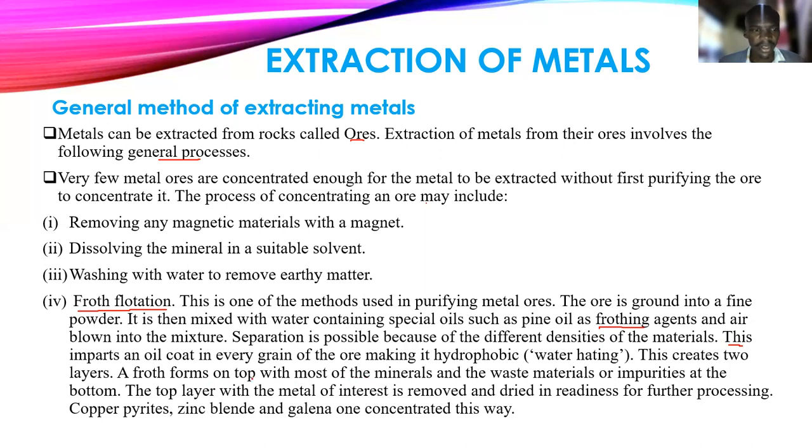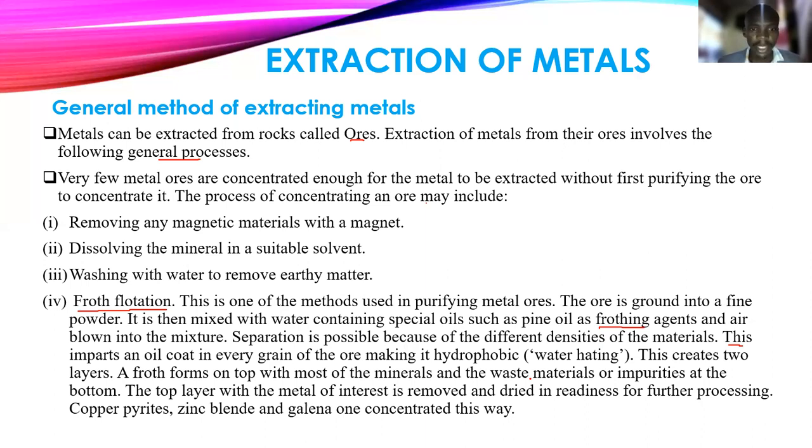Most of the minerals are in the froth on top, and the waste materials or impurities are at the bottom. So the waste materials and the impurities settle at the bottom of the container, maybe the place where you placed the ore into the mixer.